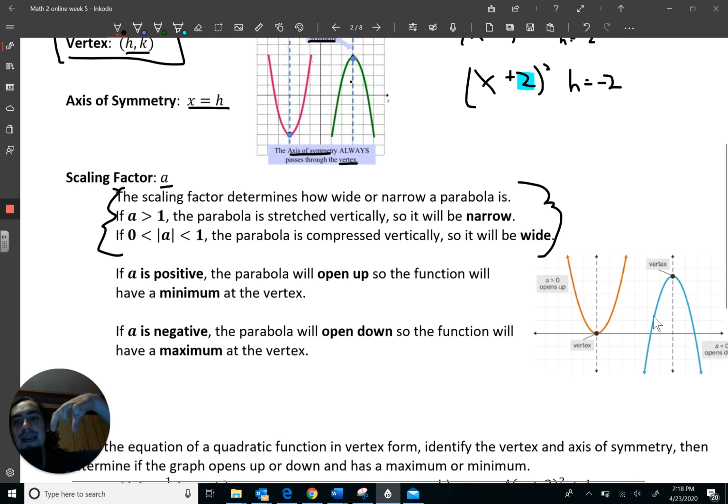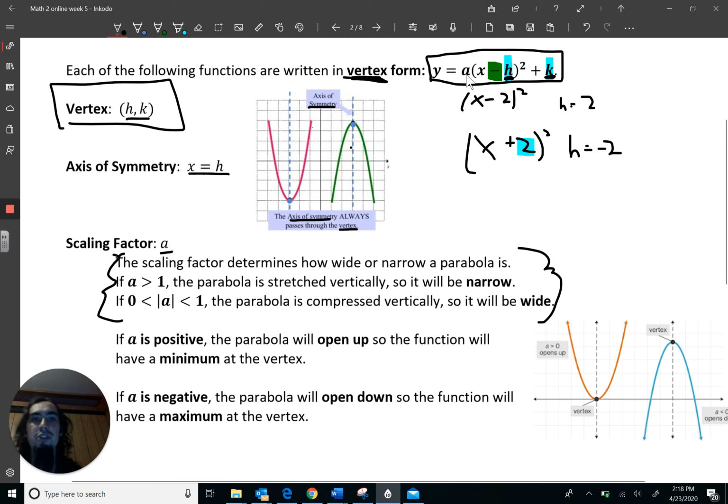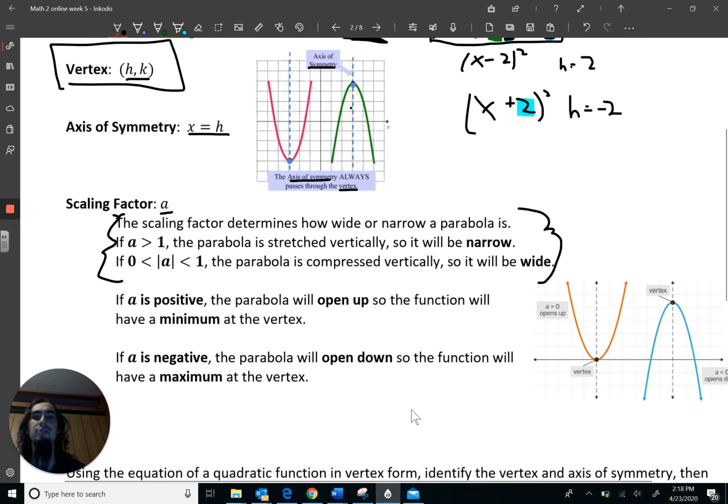You can see that the ends are pointing in the downward direction. Down, down. So this parabola has an a value that is negative. So in this equation here, if you see a 5 in the front, 5 is positive, so it's going to look like this upward shape. But if you see negative 5 in the front, negative 5 is going to tell you that it's opening downward like this one. Or vice versa. If you see down, it means that that a value is negative.